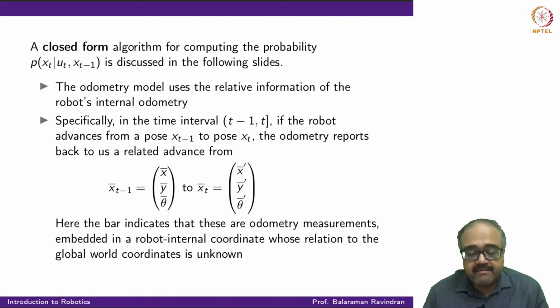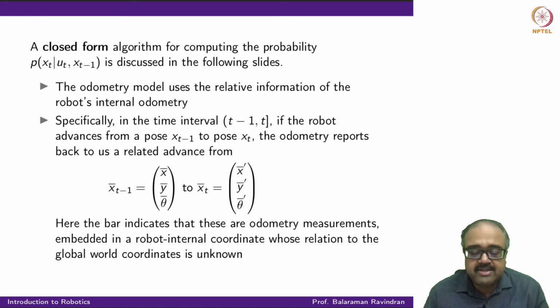Get it? So, even if x bar_{t-1} and x bar_t are erroneous estimates of the poses at t-1 and t, I could still say that the change from t-1 to t is similar for both the estimated quantities and the actual quantities.